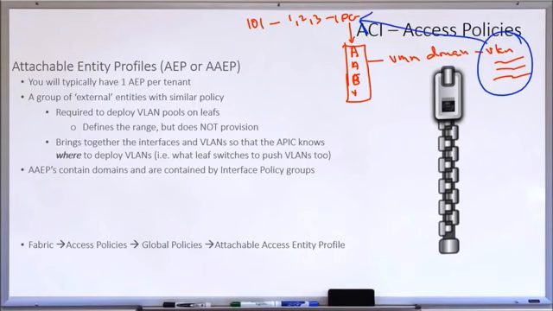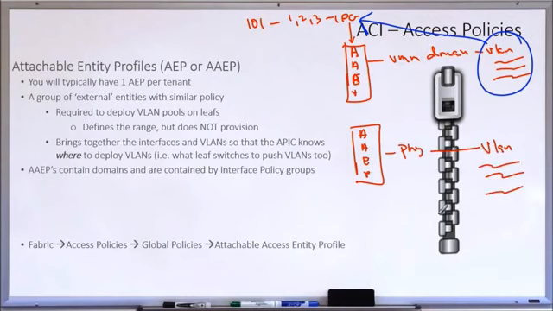Well, this also allows us to create another AAEP, right? And we could tie our physical domain to it, with our VLANs referenced by it. And maybe over here, let's do a different switch just for clarity's sake.